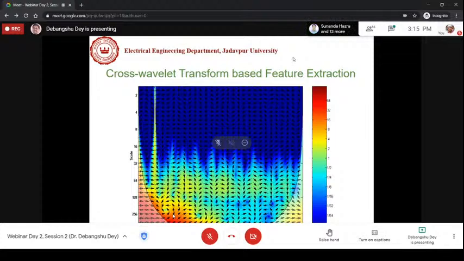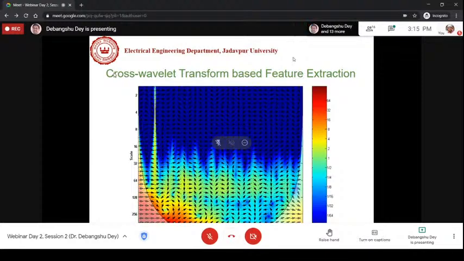Blue means these two signals have fewer common features. So the higher portions give you the common frequency features at a particular time.